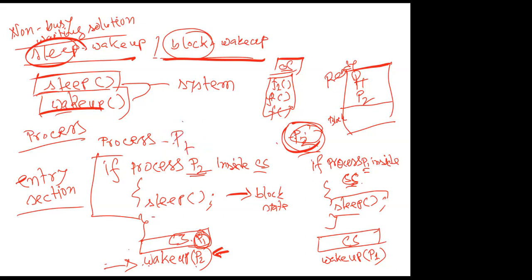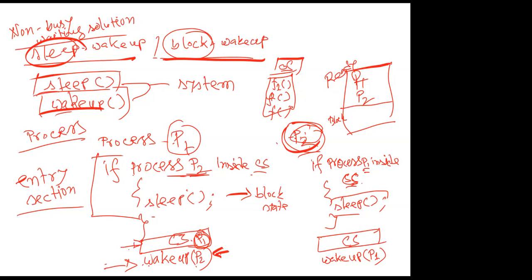It will check whether process P2 is inside the critical section or not. Process P2 is not currently inside the critical section, so process P1 will move into the critical section, because it checked whether process P2 is inside the critical section, and if it is not, it enters the critical section.